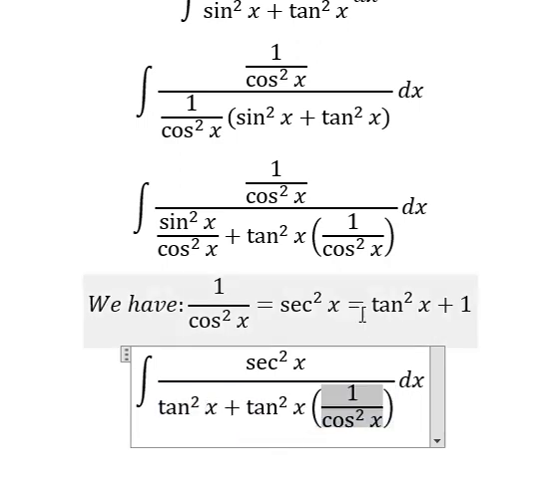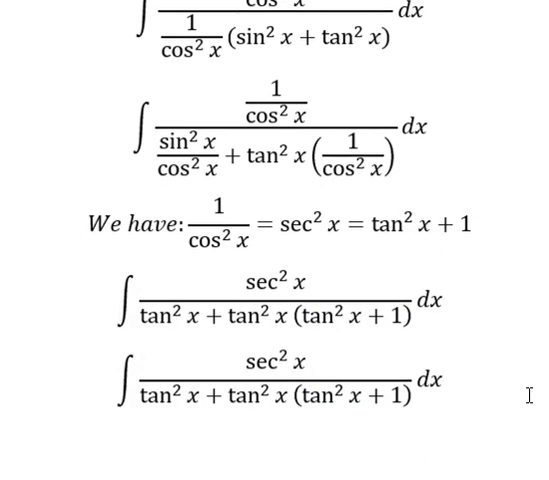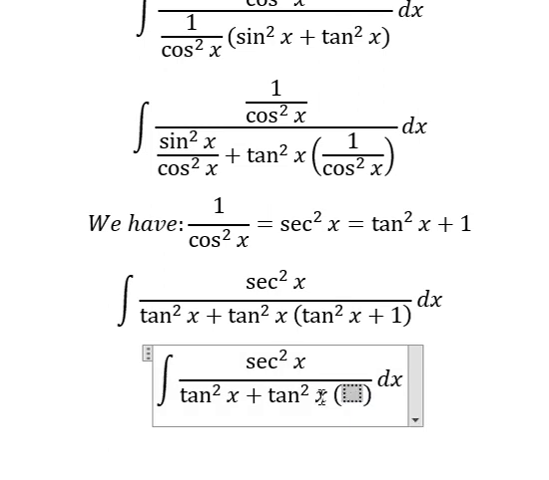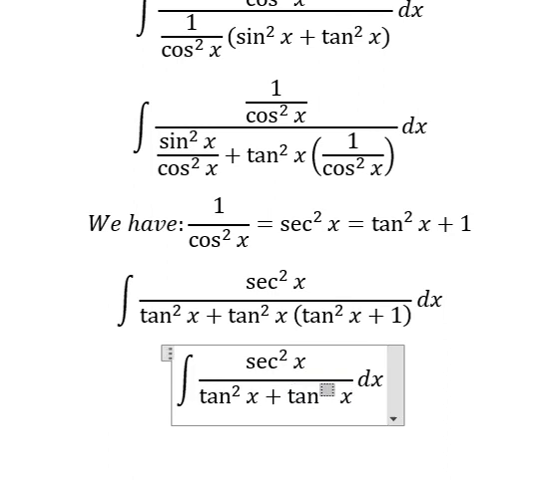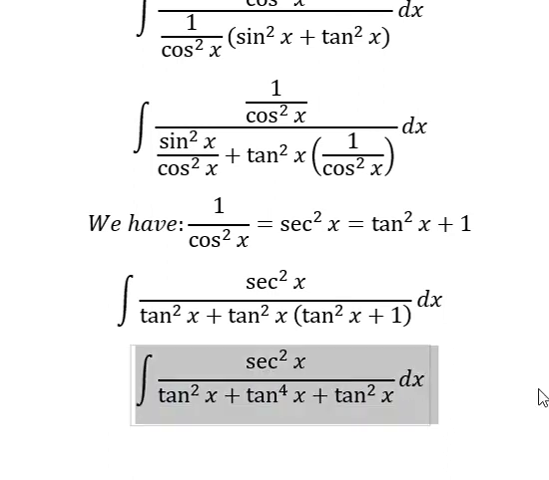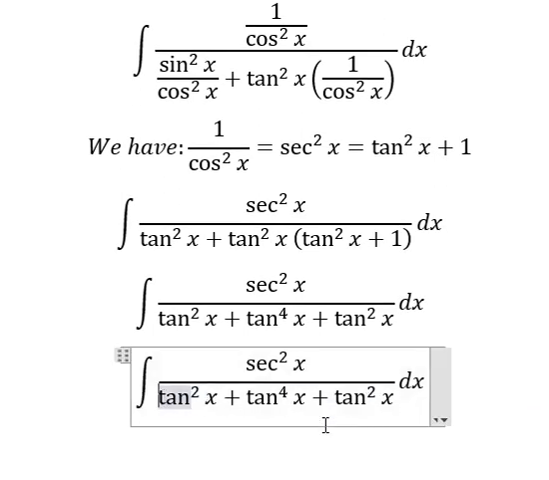This one that is about this one. So tan x squared multiplied by this one and number 1. So tan x squared, we have number 2.